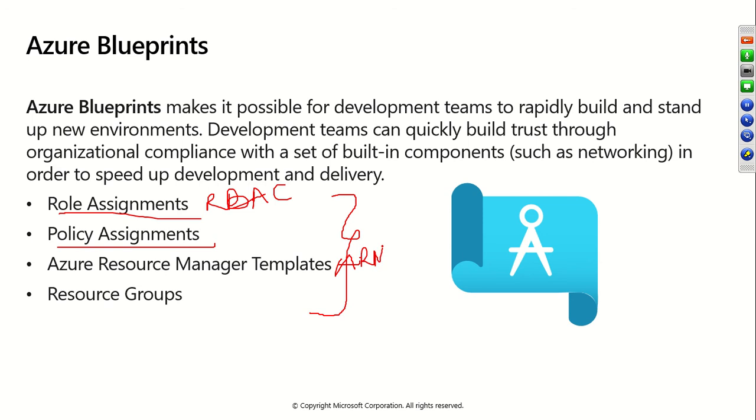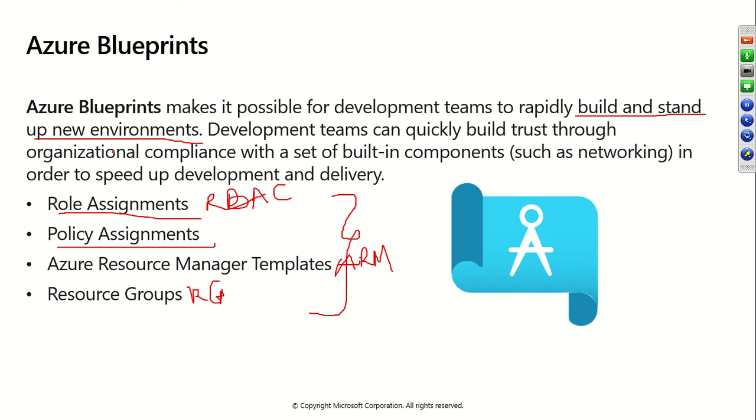And a collection of your resource groups. Why do you need a blueprint? With it, it makes it easier to rapidly build and set up a new environment. Why? Because all the things you need to set up the environment and to ensure compliance with everything, you can put together inside of Azure Blueprints.